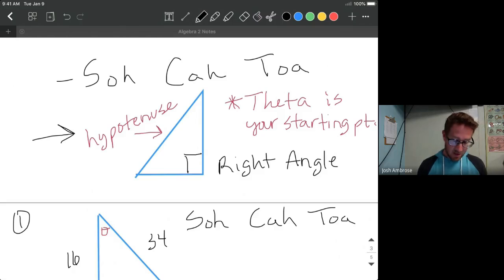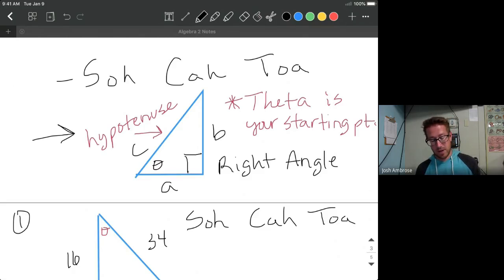Let's say theta is right there and we label the sides A, B, and C. To find the sine of theta, I start at theta and ask what is opposite of theta. Side B is opposite, and you divide that by the hypotenuse, side C. For all of this, it's division. So opposite over hypotenuse is sine.